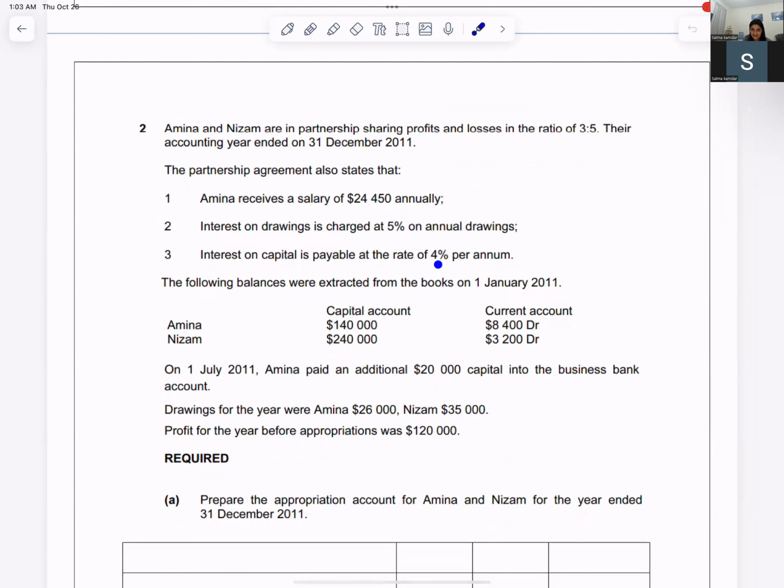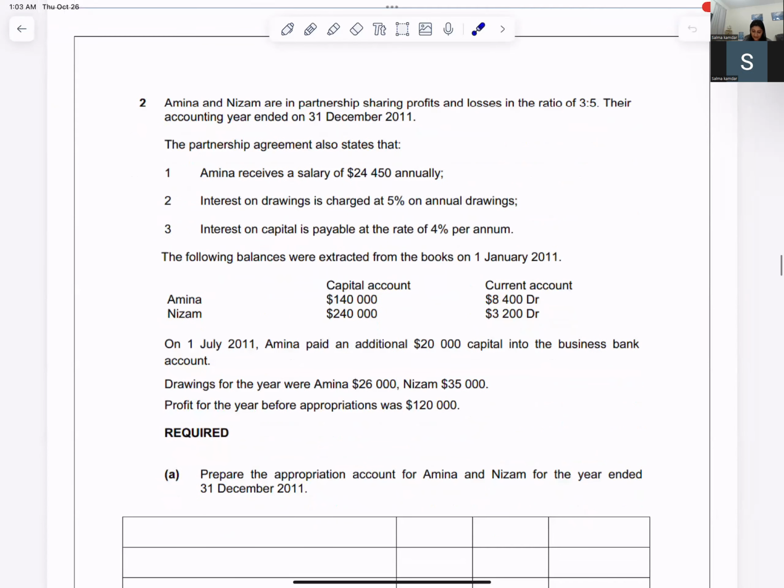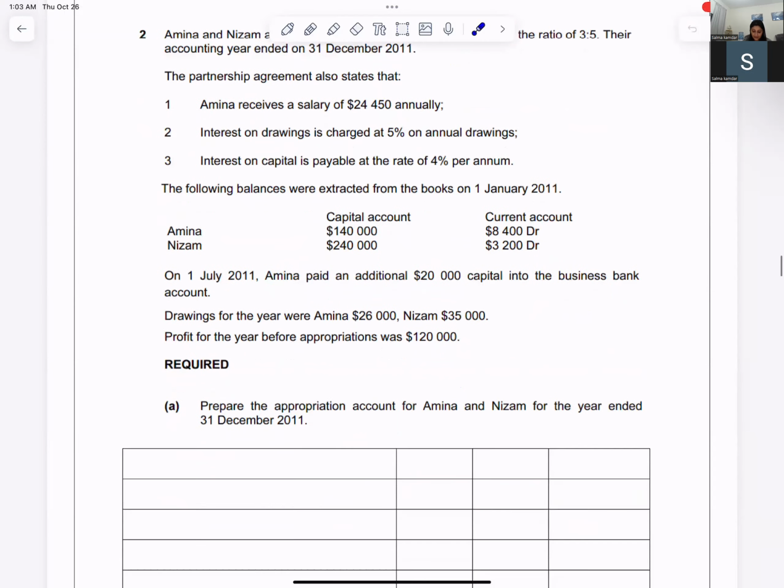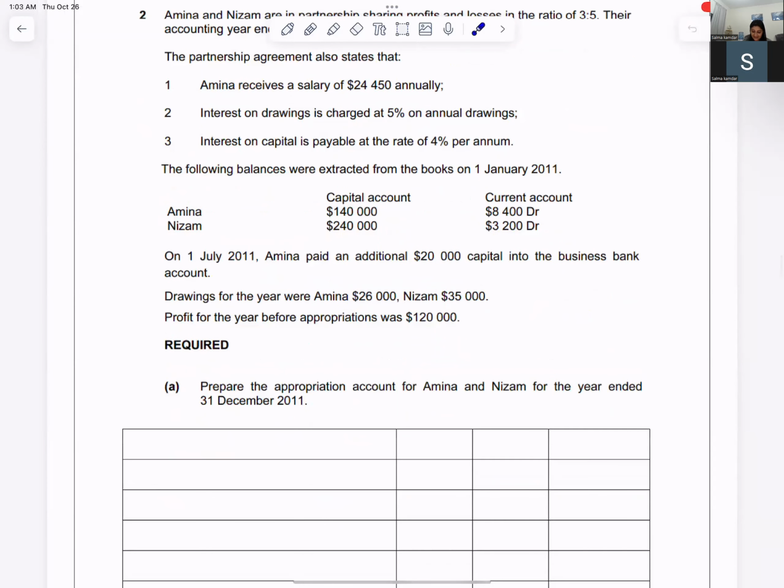Interest on capital is 4%. This is the balance of their capital account and this is the balance of their current account. There is an additional capital of 20,000 which is brought in the bank by Amina on 1st of July. Drawings for Amina is 26,000 and for Nizam 35,000.